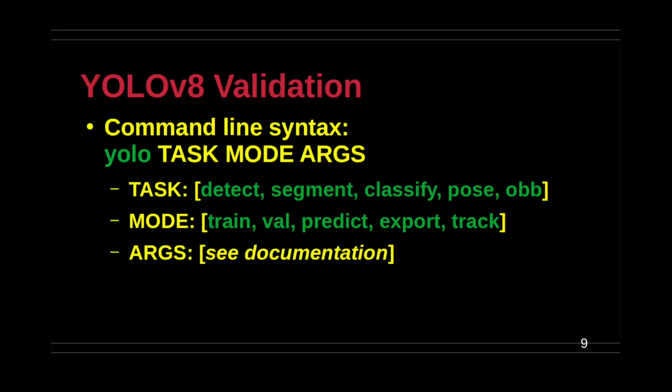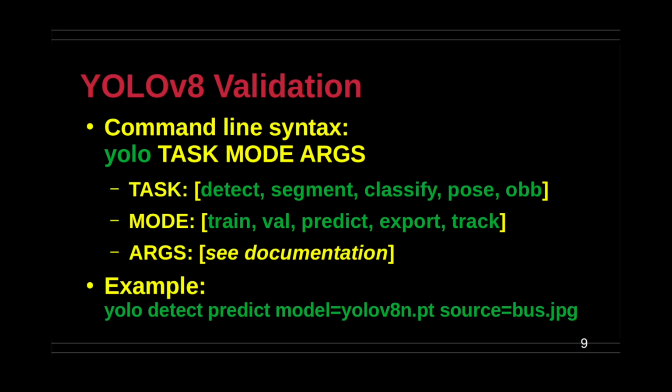Mode is mandatory and can be one from the list: train, val, predict, export, and track. Args is optional and can be any number of space-delimited keyword value pairs with an equal sign.